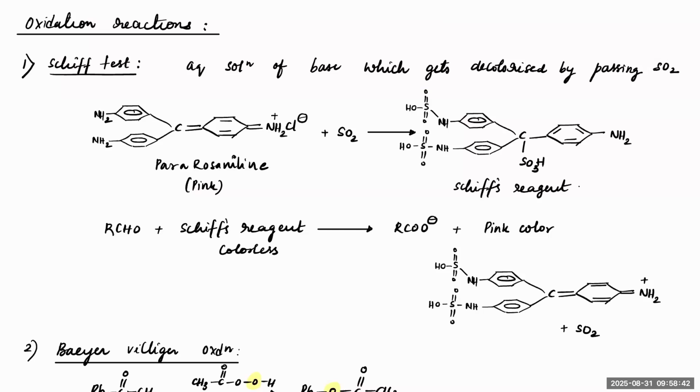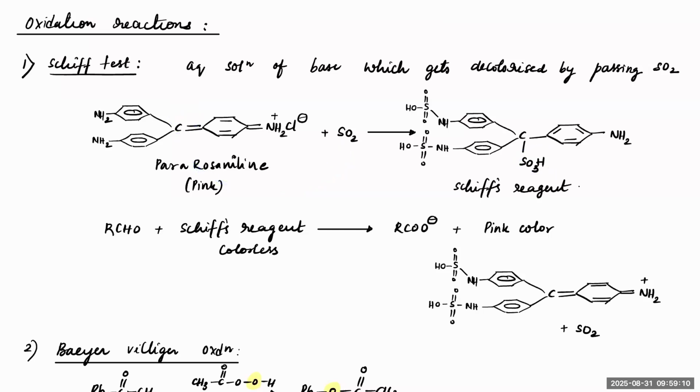Okay. Now notice this compound is called para-rosaniline, which is a pink color liquid. Now when you add SO2 to it, it will convert into a reagent which is colorless. This is the reagent. Basically, on this double bond, you will see this carbon will come out as C minus, attacks on SO2. That will convert into SO3H here. Okay.